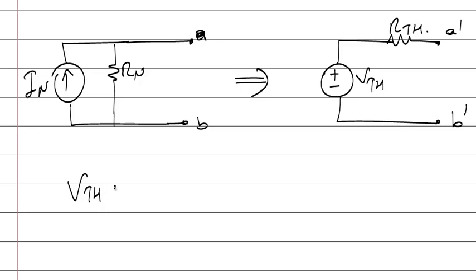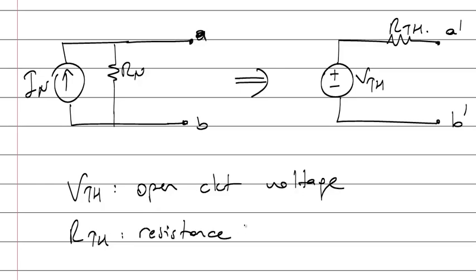Thevenin voltage is equal to open circuit voltage. Okay, you will calculate the voltage between points A and B. It will be the Thevenin value. And Thevenin resistance is the resistance between A and B, while sources are off.